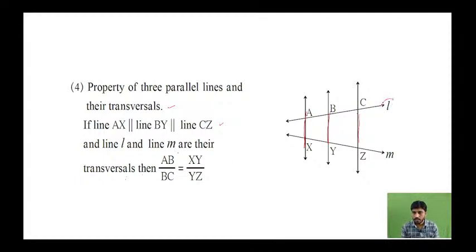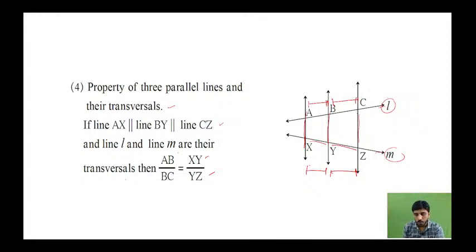So L and M are both transversals. Then we can say AB upon BC will be equal to XY upon YZ, that is this XY upon YZ.